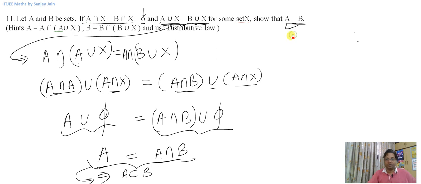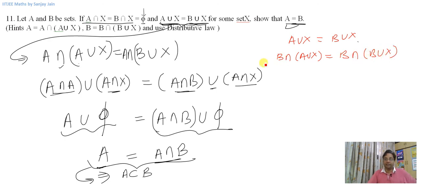Okay, so let me start once again with this expression A union X is equal to B union X. Now this time let me write B intersection (A union X) equals B intersection (B union X), right? And as you can notice, I can distribute this intersection over union. So B intersection A union B intersection X will be equal to B intersection B union B intersection X.